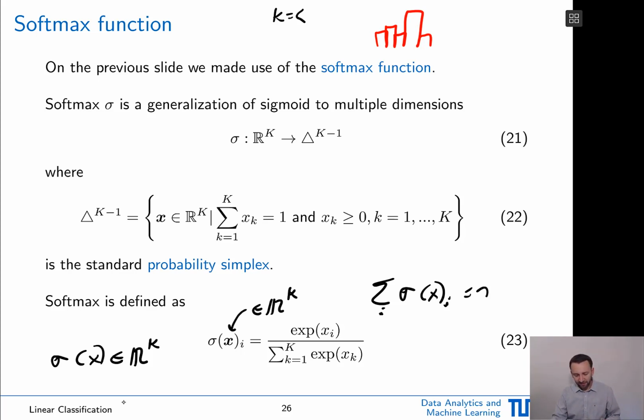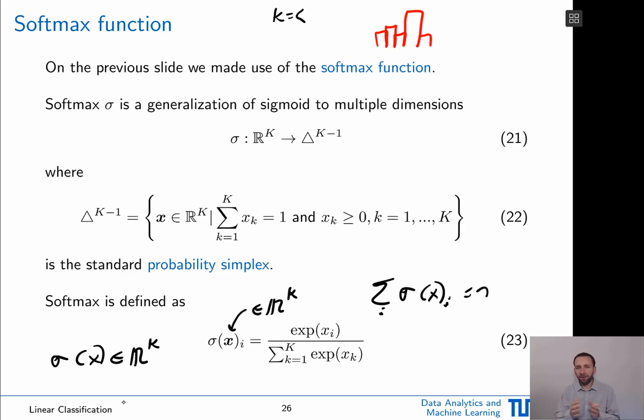Here's just the formal definition as discussed. It takes a k-dimensional vector and maps it to the k minus 1 dimensional simplex. Please don't confuse this with the dimensionality. The simplex is defined as a space where all components sum up to 1 and are larger than 0, but it's called the k minus 1 dimensional simplex because the last component is already completely determined.